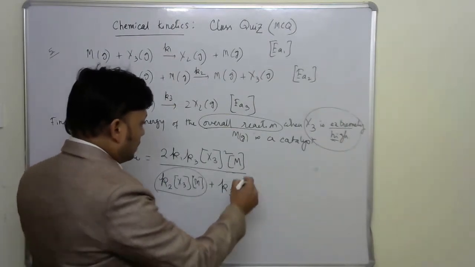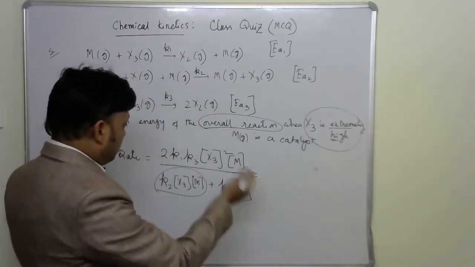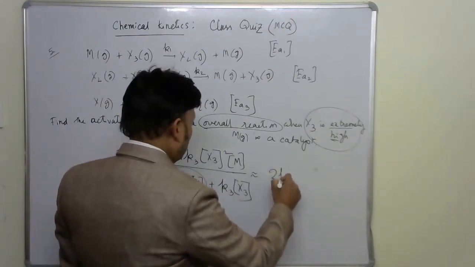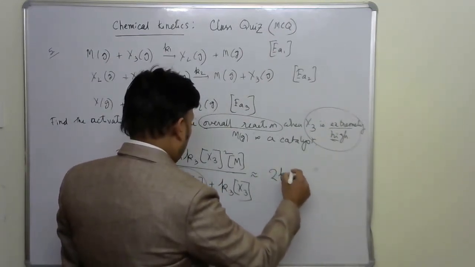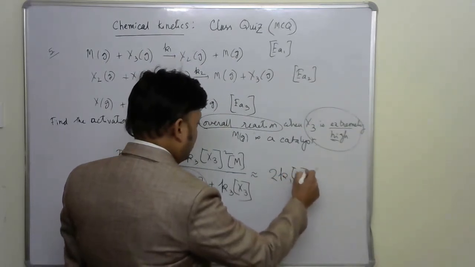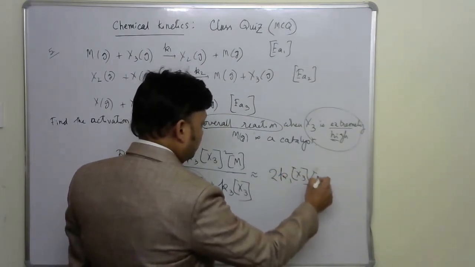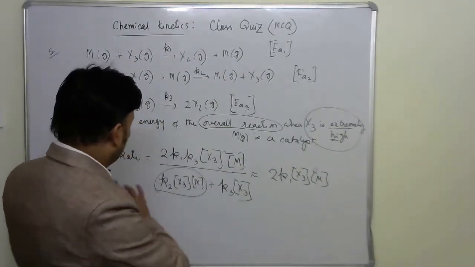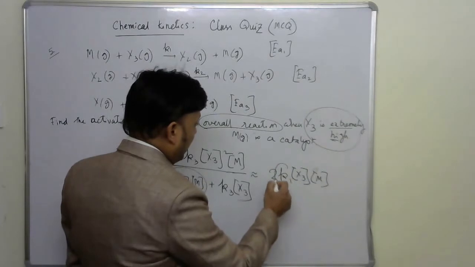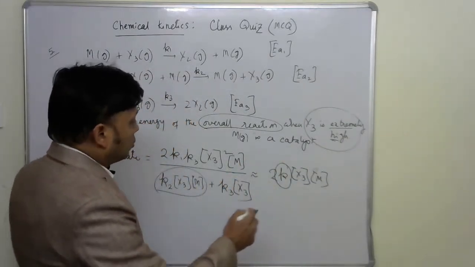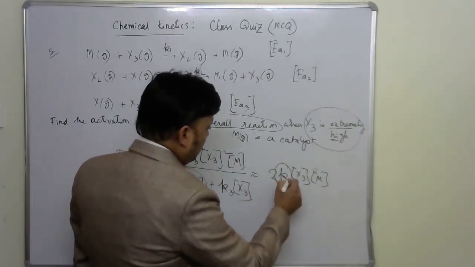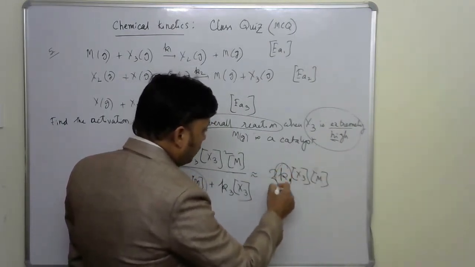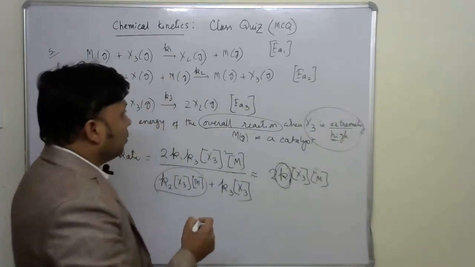Therefore this expression would then be reduced to something like 2 k1 x3 multiplied by M. Now you see the rate constant here for the overall rate is k1, or twice k1, whatever. So we would concentrate on k1.